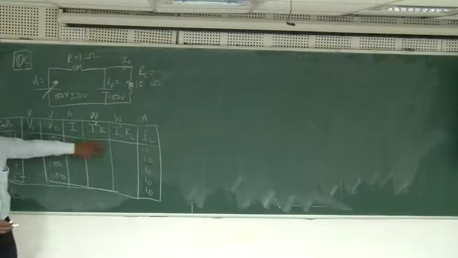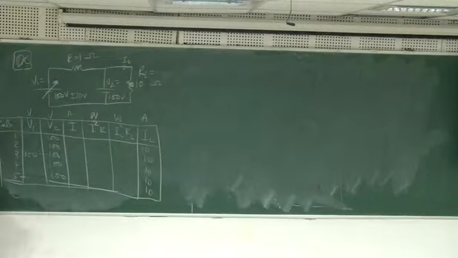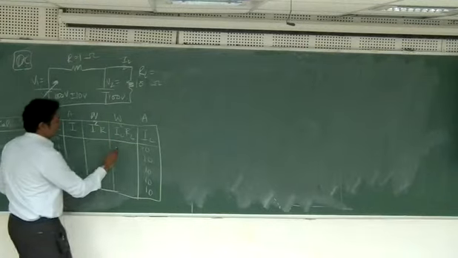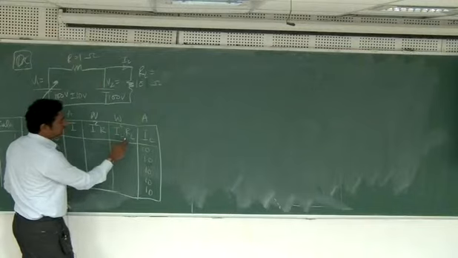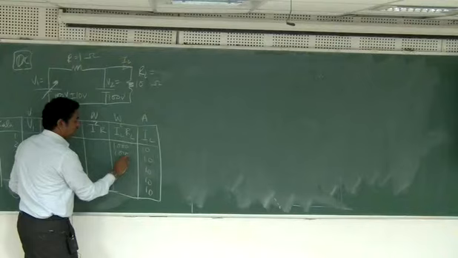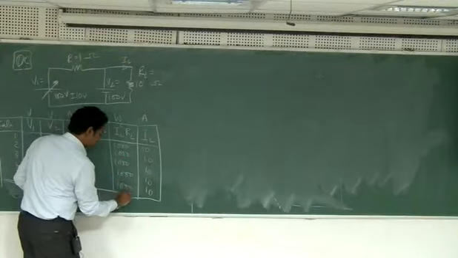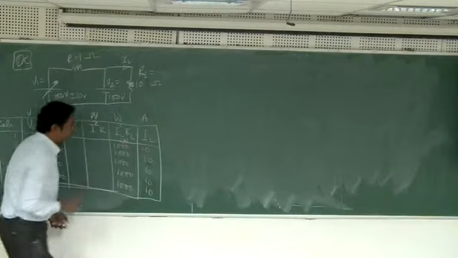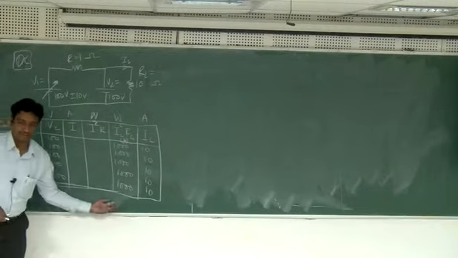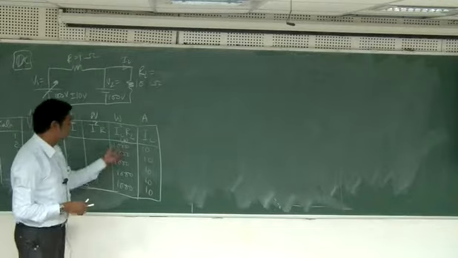And therefore, what is IL square into RL? This will be 10 square into 10, so this will be 1000 watts, or 1 kilowatt you can say. That is the load power.